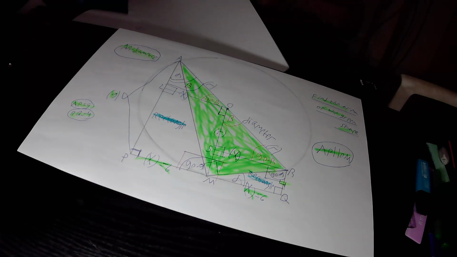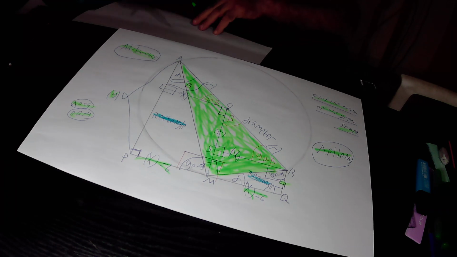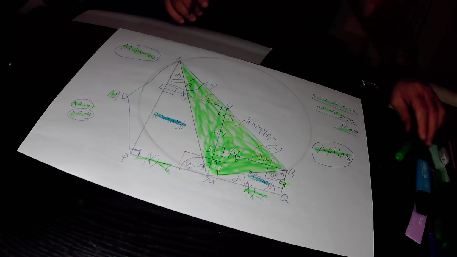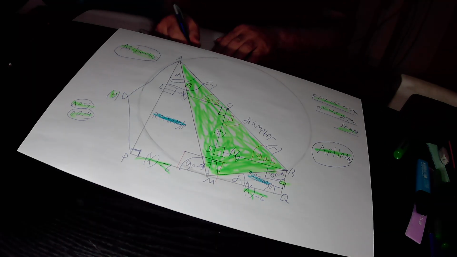In the next step, we'll implement the Pythagoras theorem on this big right triangle APM.